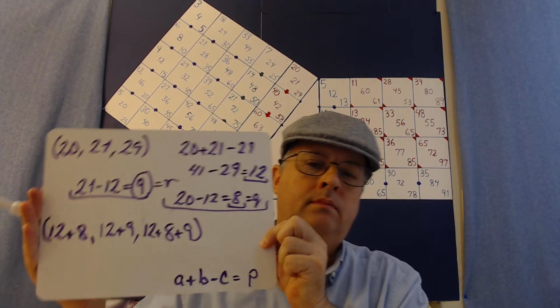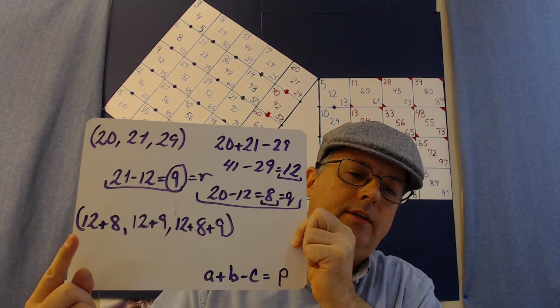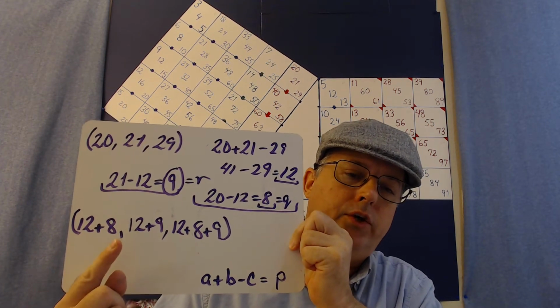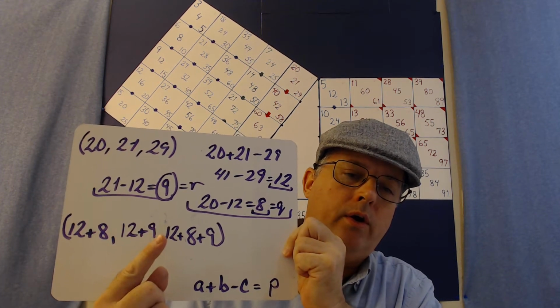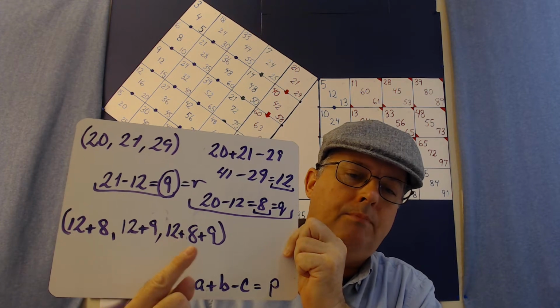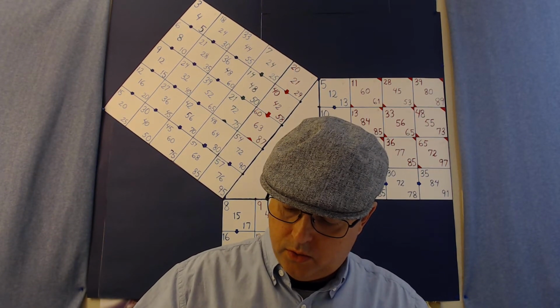And so now if we say this is p plus q, and then p plus r, and then this is p plus q plus r. P plus q, p plus r, and p plus q plus r.